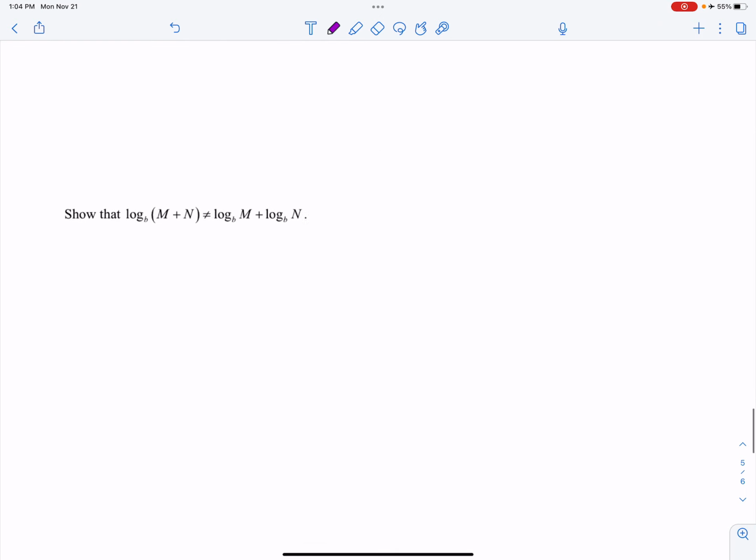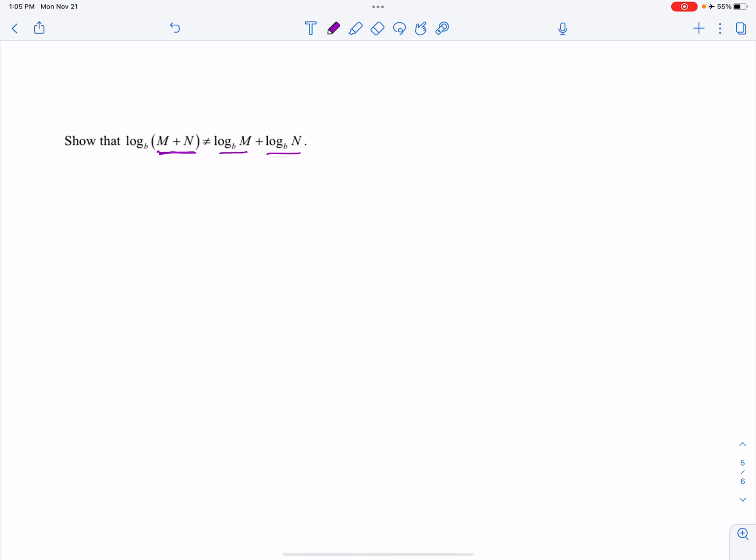One important note that I do want to point out is we saw this a lot in some of our problems where inside of our log we had two things adding together or subtracting together. And we are not going to be splitting that up, log plus the other log.